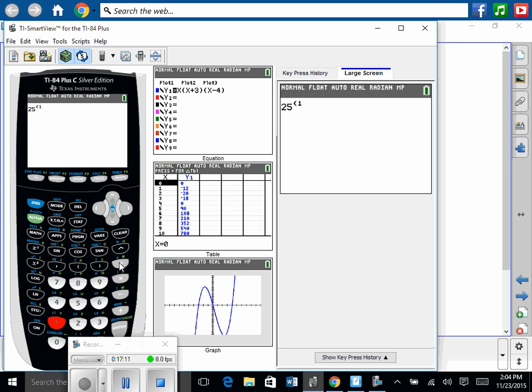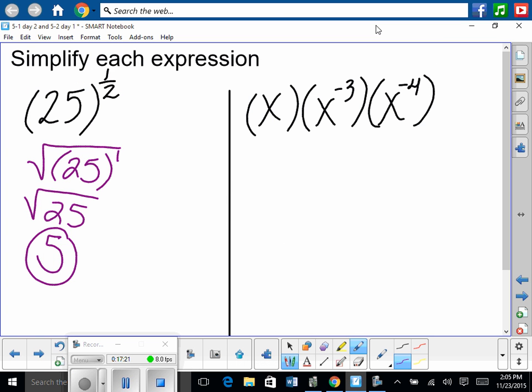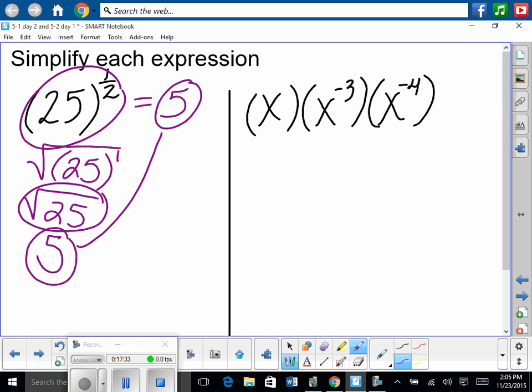It was 1/2, right? And I get 5, which is what we got, right? Makes sense? It's just different ways of typing it in. So it's equal to 5. They're equal because this is just apples and applesauce, so their answers should be equal.